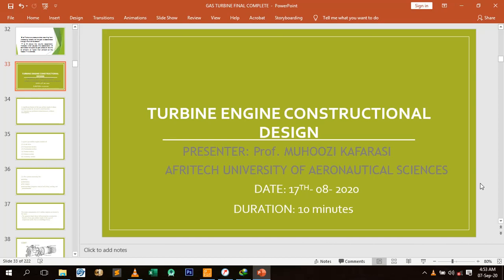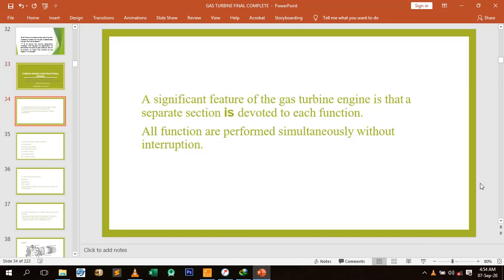Turbine engine construction design. So we're going to look at a gas turbine engine and how it works. A significant feature of the gas turbine engine is that a separate section is devoted to each function. All functions are performed simultaneously without interruption.